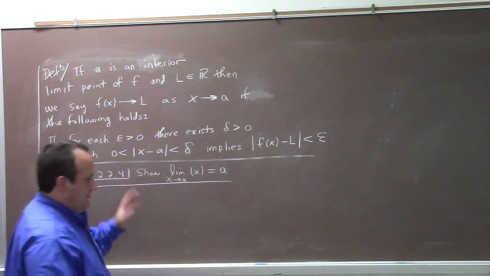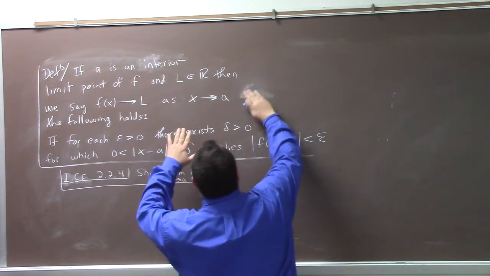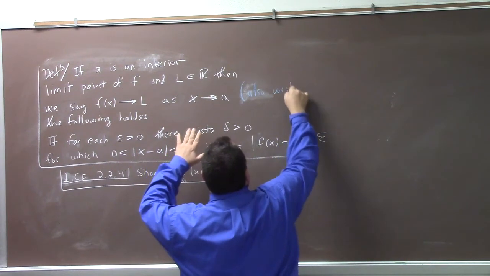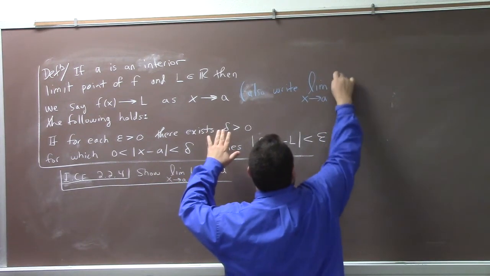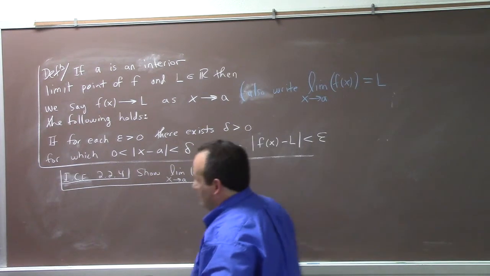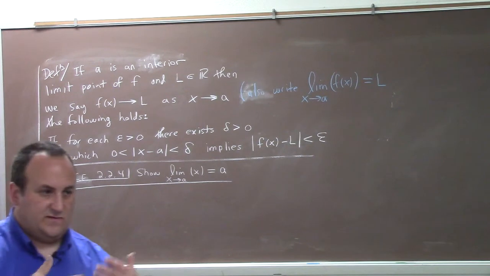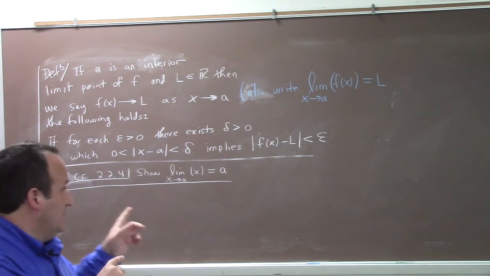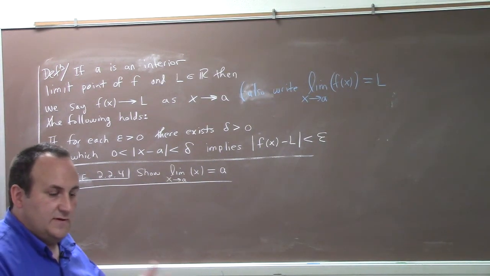Now, I seem to have neglected to say here that you can also write the limit as x goes to a of f of x equals L. So you can either write f of x goes to L as x goes to a, like that sentence, or you can write that limit with x going to a, f of x equals L. Those have the same meaning.